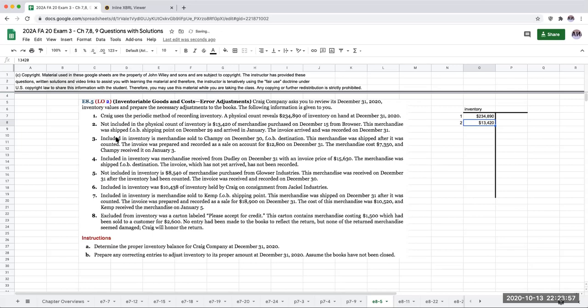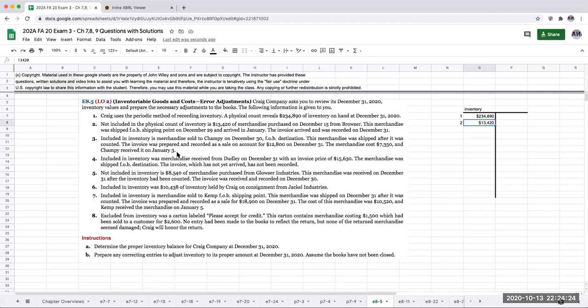Okay. Included in the inventory is merchandise sold to Champy on December 30th FOB destination. This merchandise was shipped after it was counted. The invoice was prepared and recorded as a sale on account for $12,800 on December 31st. The merchandise cost $73.50 and Champy received it on January 3rd. Guess what? We don't do anything. It's included in there already.